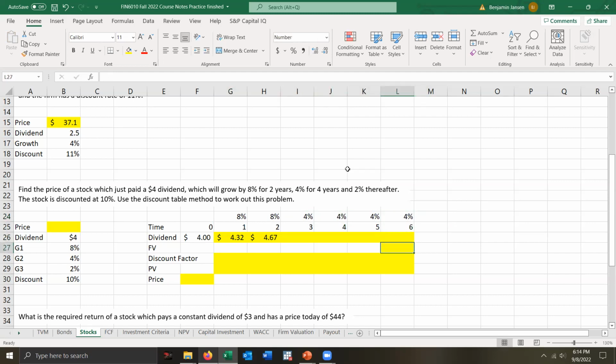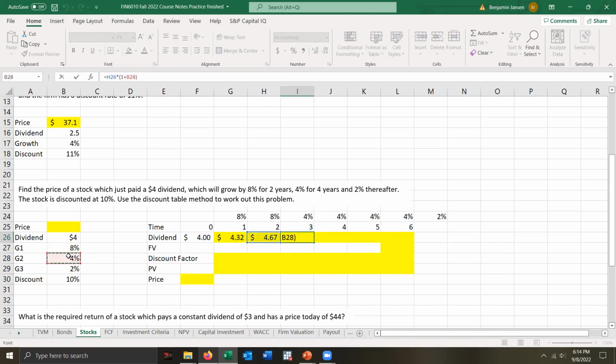Right, so this 2% in perpetuity, we're going to be using that down here in the future value, right? Since we're now growing at a continuing value, we'll be able to calculate that 2% growth in perpetuity. We just need to get up to that final year's cash flow. All right, so now we're growing at 8%. So copy and paste that over, update our reference.